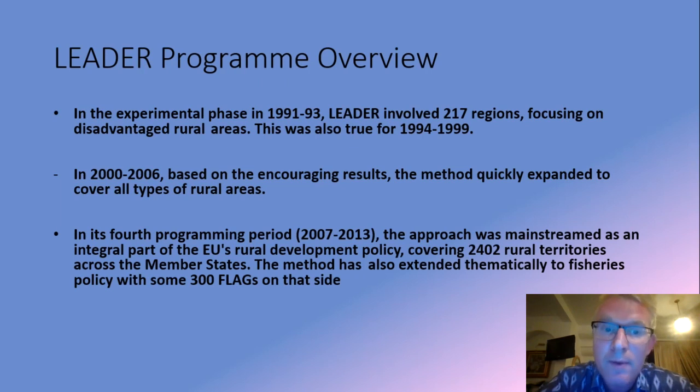In its fourth programming period, from 2007 to 2013, the approach was mainstreamed as an integral part of the European Union's rural development policy and covered 2,402 rural territories across all member states. This method has also been extended thematically to fisheries policy, with some 3,000 fisheries local action groups on that side.